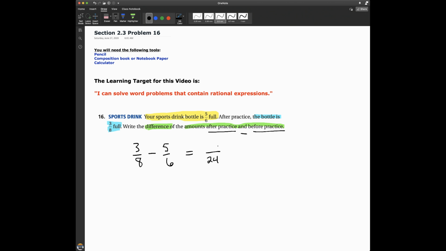So 3 times 3 is 9. I'm going to change this to add the opposite. So the opposite of positive 5/6. And I'm also going to change this so that it is a rational number that has a denominator of 24.